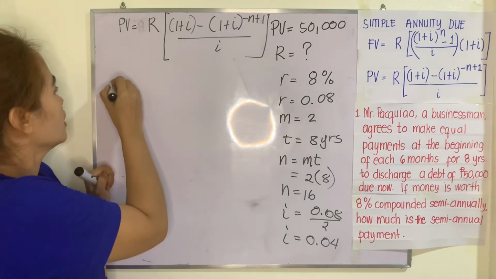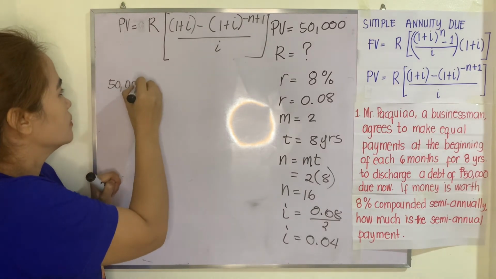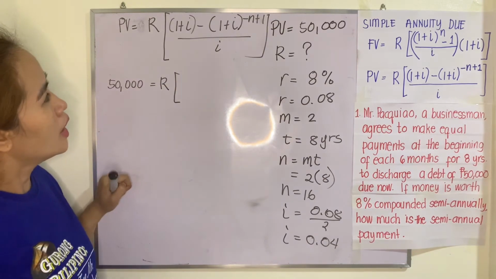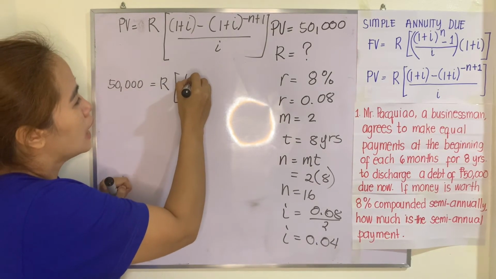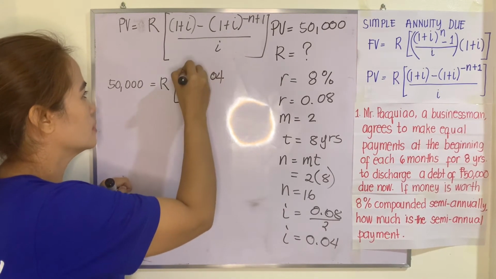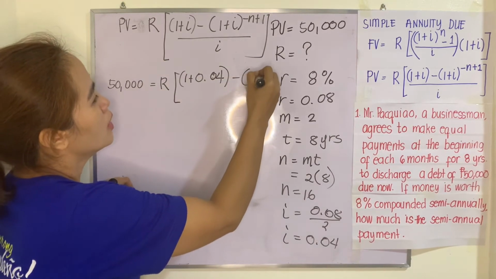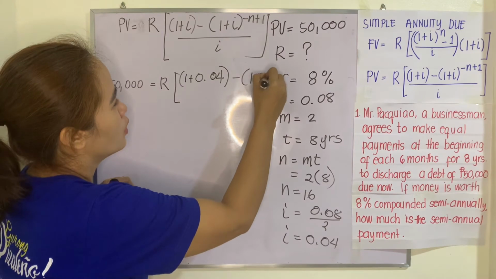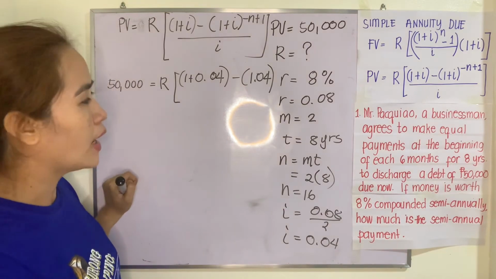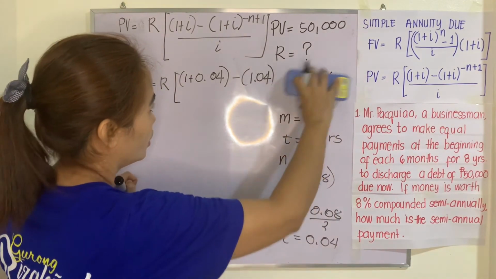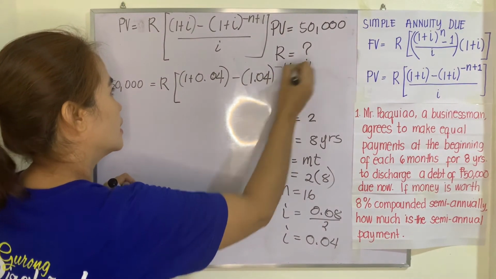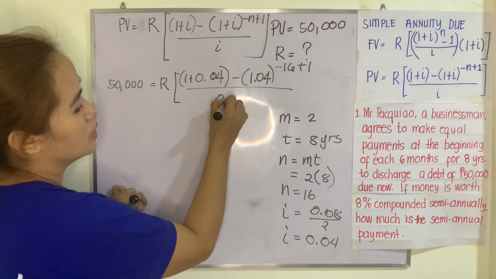So PV is 50,000, that is 50,000 equals R, the one that we are looking for, times 1 plus 0.04 minus 1.04, I added already, raised to negative n, that is negative 16 plus 1, divided by 0.04.